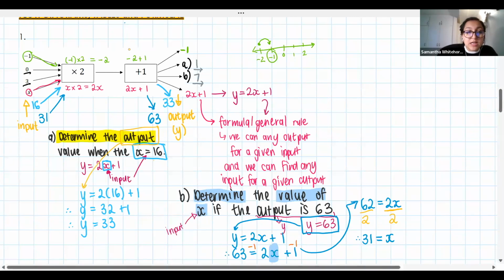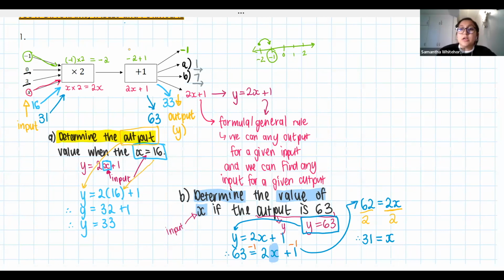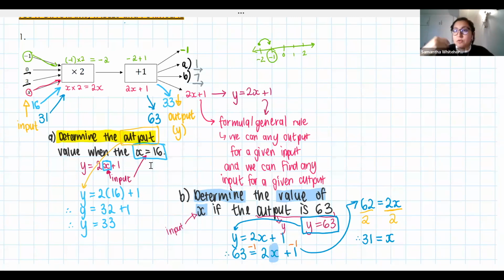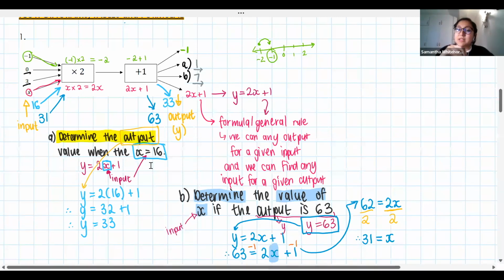I knew what the input was, which is why I could replace x with 16. Oh, okay, thanks, ma'am. Okay, guys, that's a really important point. Your unknown, the thing you're trying to solve for, will stay a letter in your equation until you've solved for it. In the other example, question B, x stayed x because that's what I was trying to find the value of. That was my unknown value.